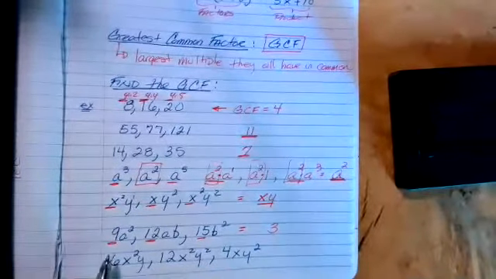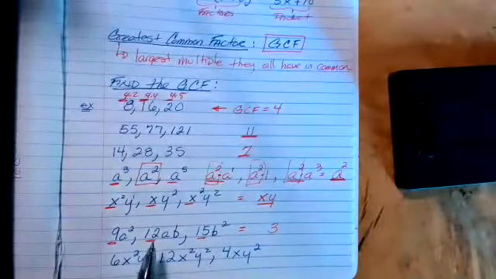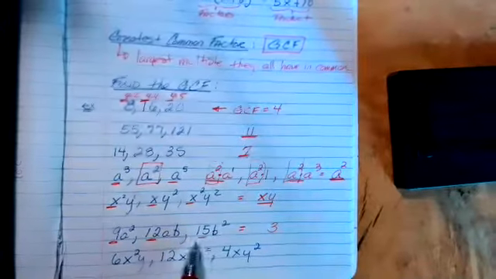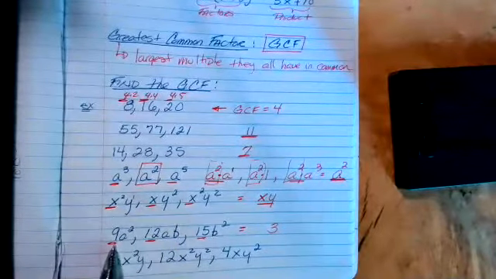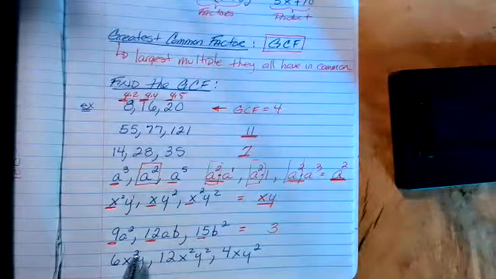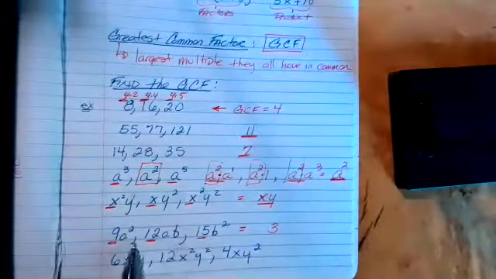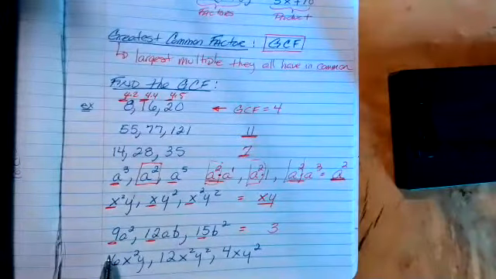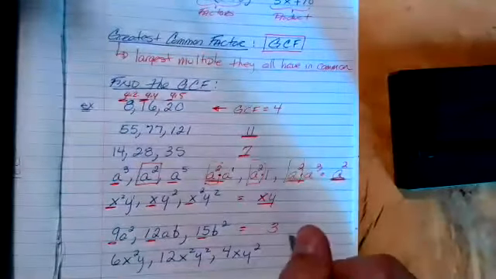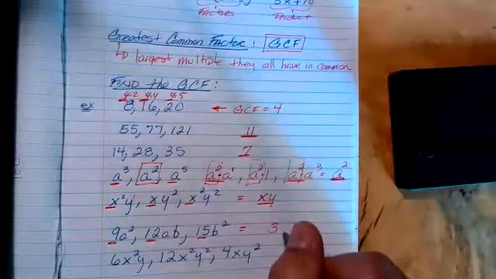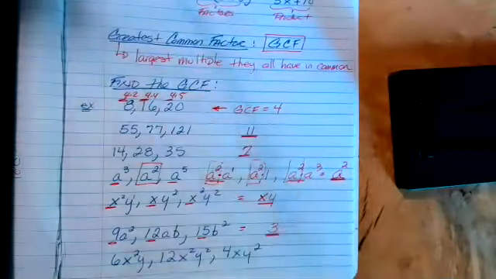And if I look at my variables, a squared, a to the first, and there's no a here, so they don't have a in common. And the same thing with b's. I have a b here and a b squared, but I have no b in the first. So there's nothing that they all have in common in terms of variables. So it's just going to be 3.